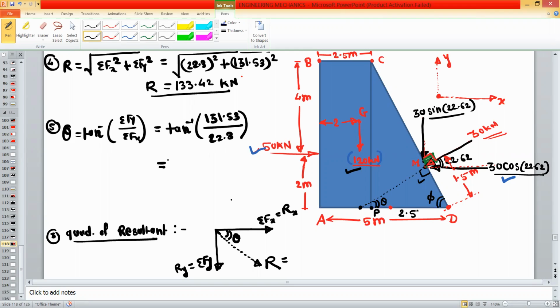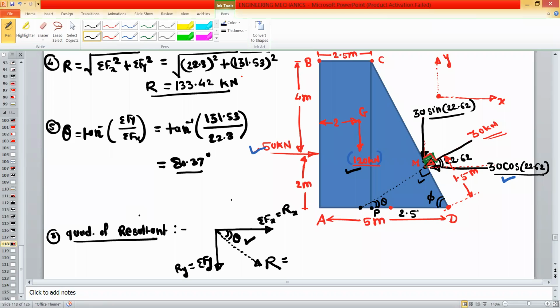So we will get the angle as 80.37. Okay, so this angle, when we take summation fy in the numerator, it will be always with respect to x-axis. So this is the angle theta.